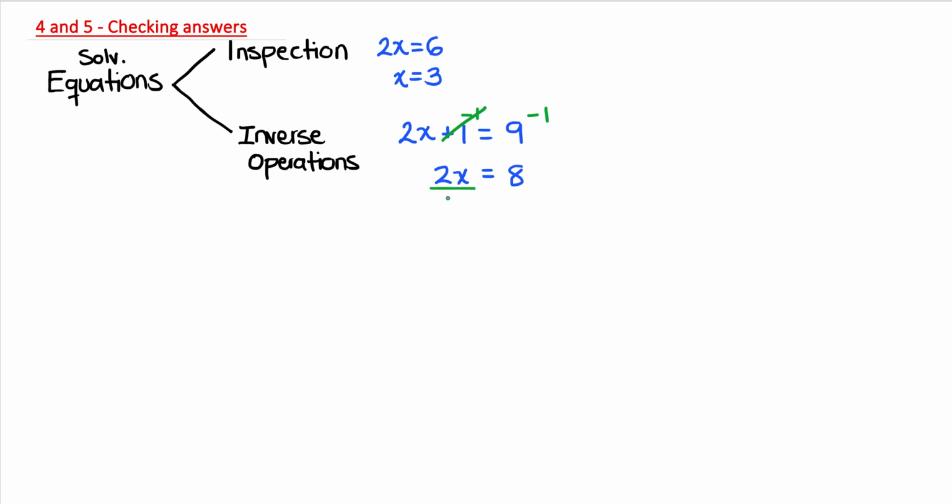And this becomes x equals 4, and this is my answer. We said that this method of inverse operations is what you're going to continue using from now on, and it is very useful because it will help you to solve very complex equations, okay?